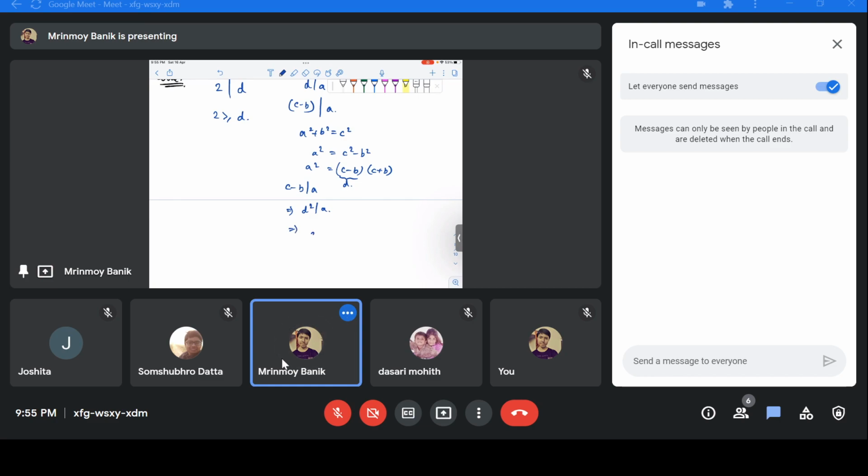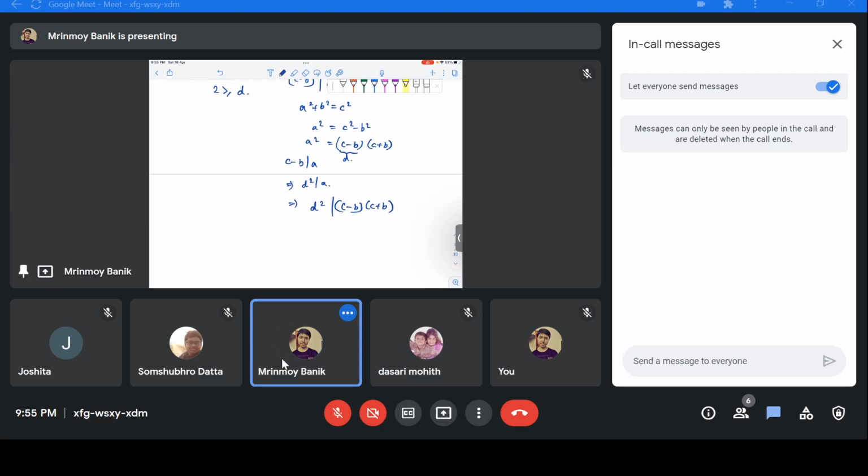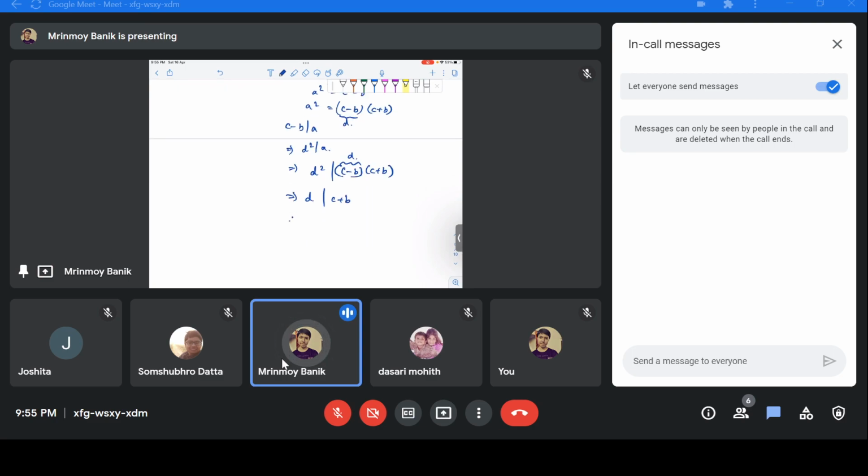This implies D squared divides C minus B times C plus B. So that implies D divides C plus B, since C minus B is already D. So C plus B is also divisible by D.